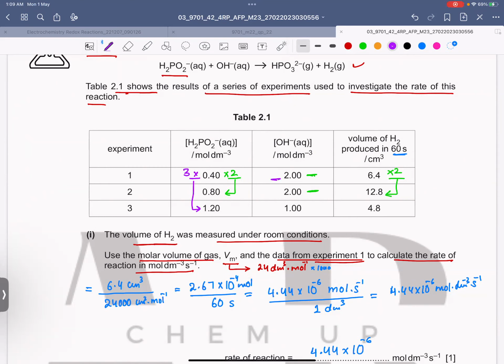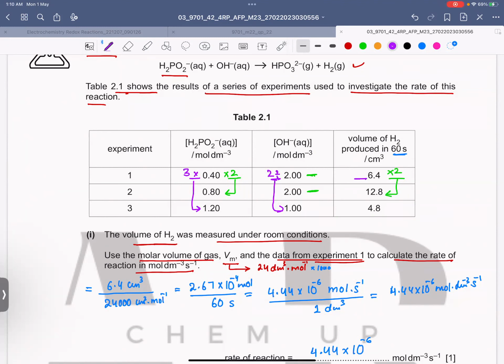And if you compare these two, the concentration of hydroxide is decreased by half, right? Oh, sorry, decreased by 2.